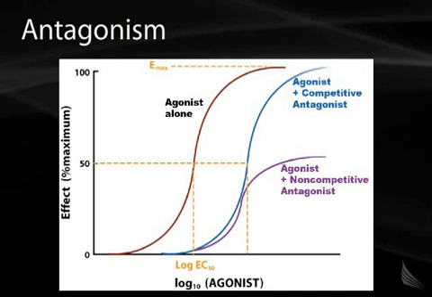You've decreased the potency of the agonist. However, giving more agonist will eventually allow you to reach the same efficacy point as if you were giving the agonist alone. By giving a non-competitive antagonist, however, you decrease the efficacy, because by giving more and more agonist, you're still not able to kick off that non-competitive antagonist.